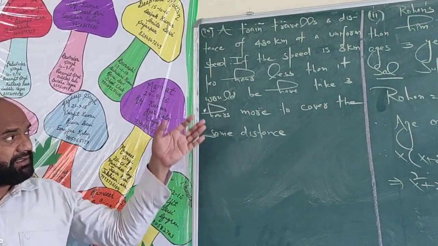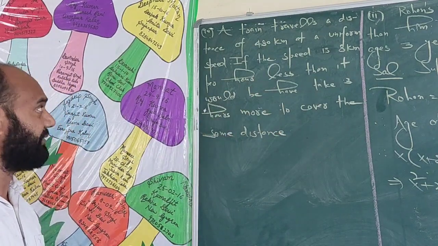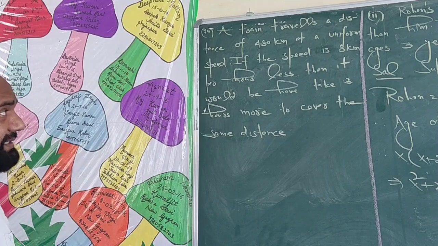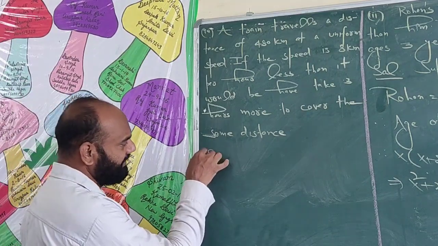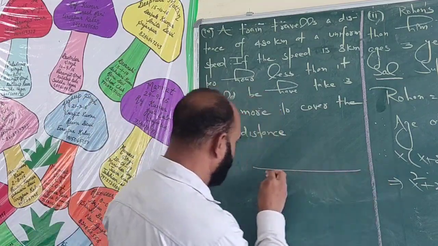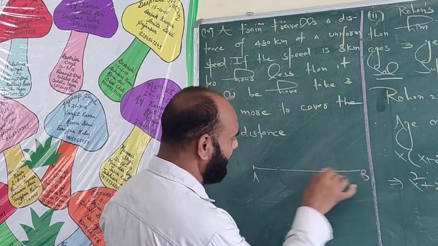So write this situation in the quadratic form. First of all, it is given a train which has covered the distance of 480 km.